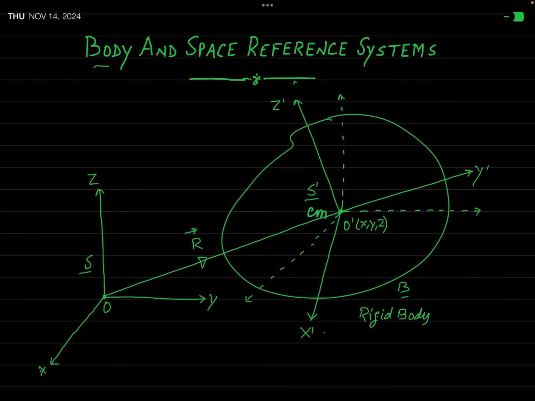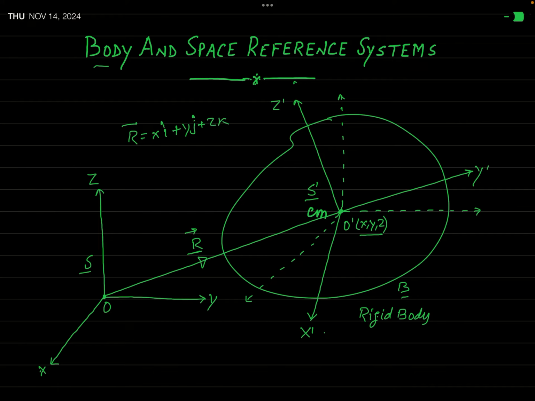So you can see I have marked that x, y, and z are the coordinates of the origin of the body coordinate system with respect to the origin O of the space coordinate system, and the line joining O and O prime represents the position vector capital R of this origin O prime relative to O. Since the position coordinates of O prime with respect to S are x, y, z, you can easily say that this vector R will be equal to xi plus yj plus zk.